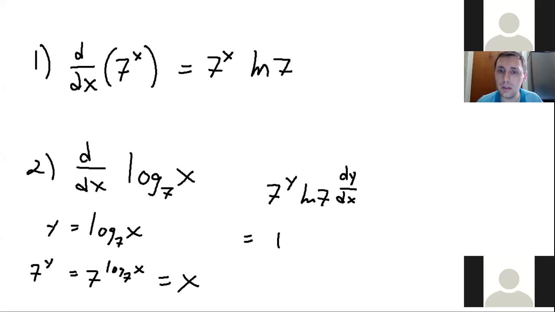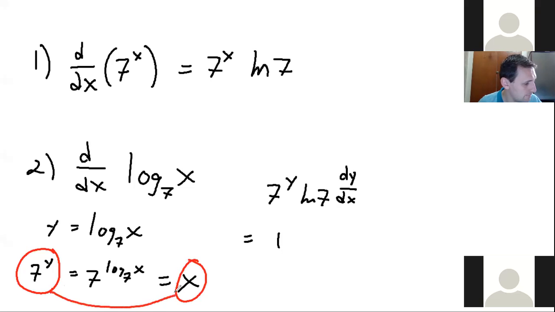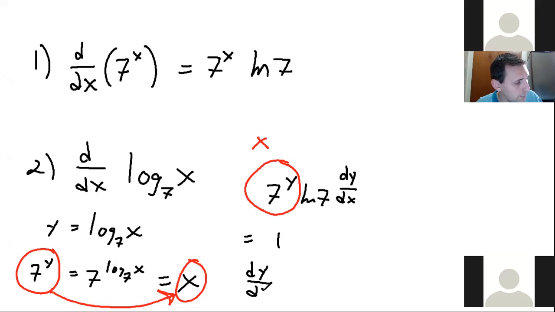Are you with me? Now, 7 to the y is just x. Look at it. 7 to the y is x. So this guy is just x. So what do I get? I get that dy/dx, the derivative of log base 7 of x, equals 1 divided by x ln 7.